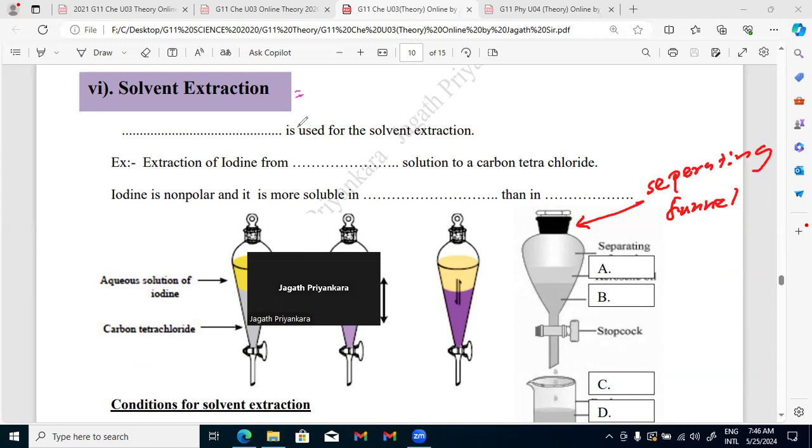Impure in the sense that, for example, we have iodine in water, but we want to get iodine out of water. We want to get pure iodine from the aqueous solution. Now we use a suitable solvent in which iodine dissolves well.